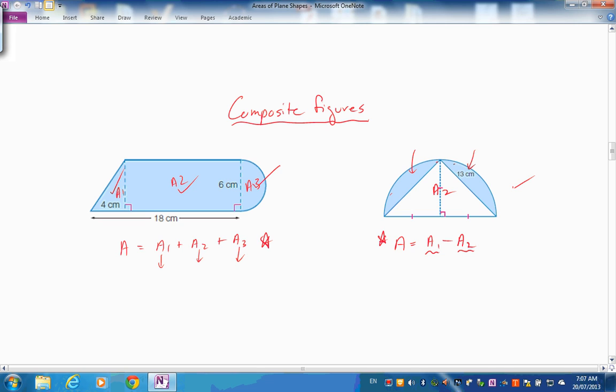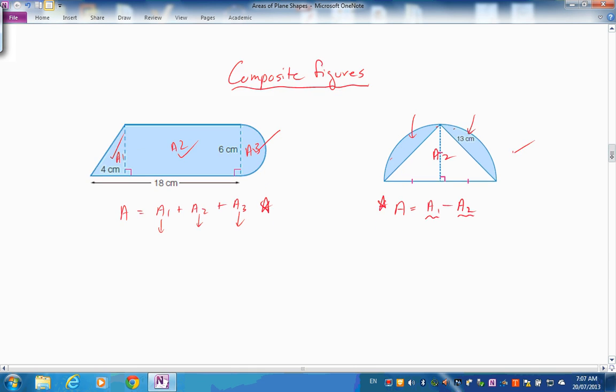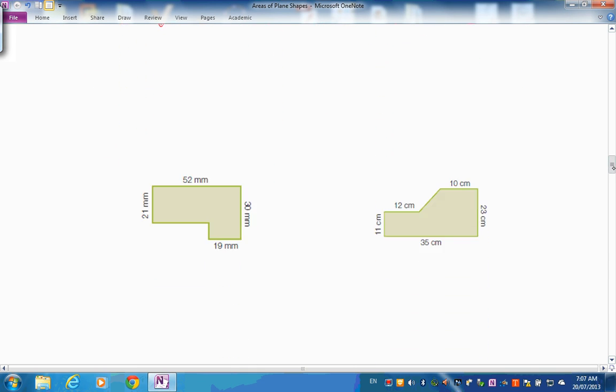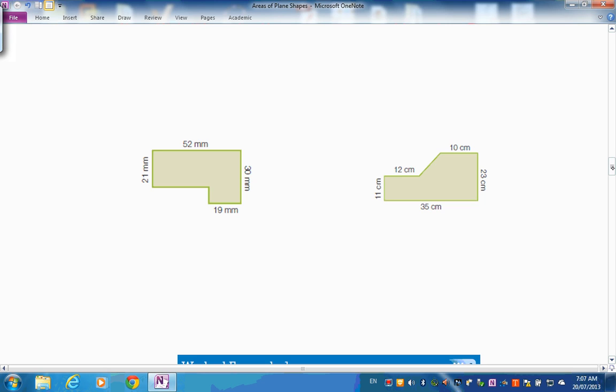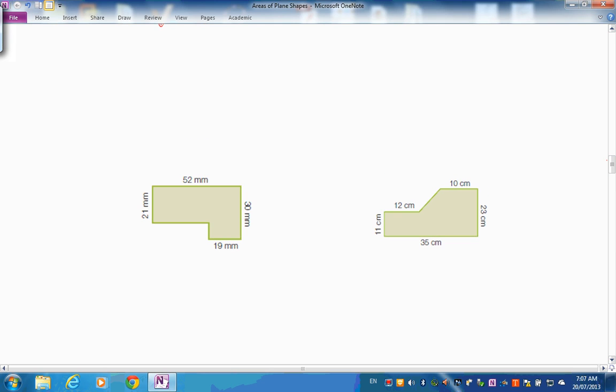So there's two different approaches to composite figures, and that's what we're going to build on this year. That's going to be the newest part of this unit, because you've seen a lot of it before. What about these? Now, these can be done in either way. They are composite figures. Let's look at this one here. You might look at it by method one: it's A1 plus A2.